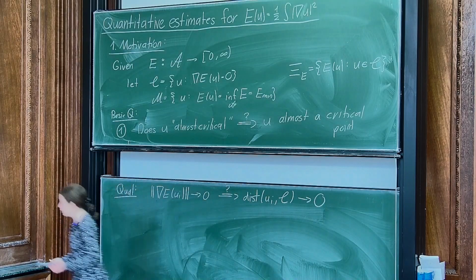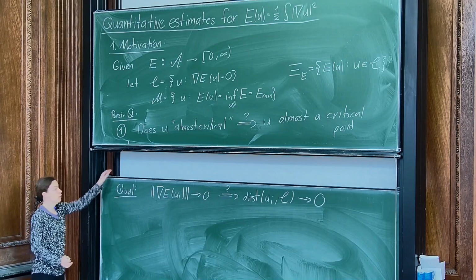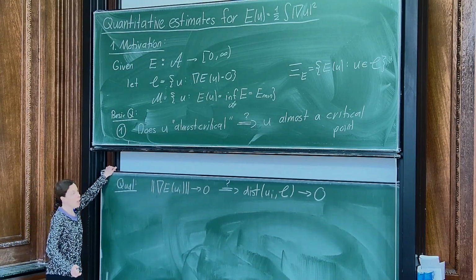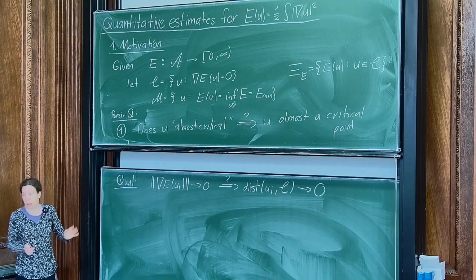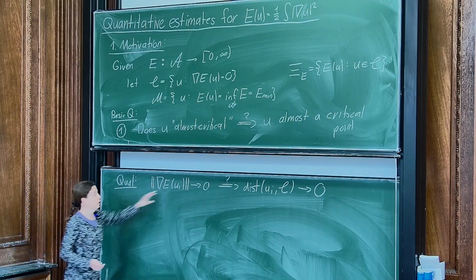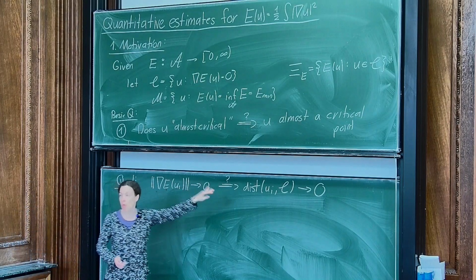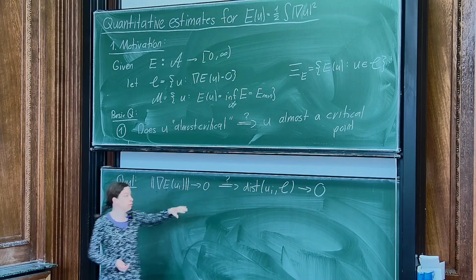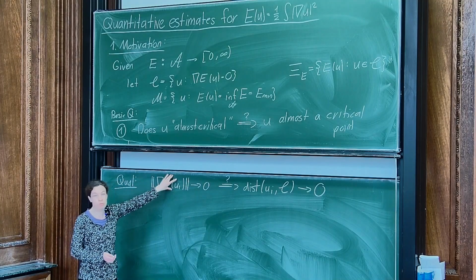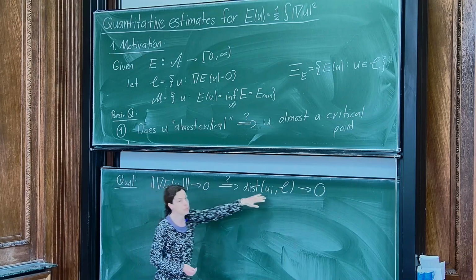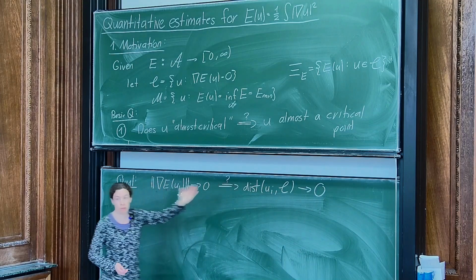Now that's of course the starting point to understand anything to do with almost solutions, but often that is not enough. You basically want to say, does it go to 0 and how fast? In terms of, if I know how fast this goes to 0, can I say how fast I approach the set of critical points?